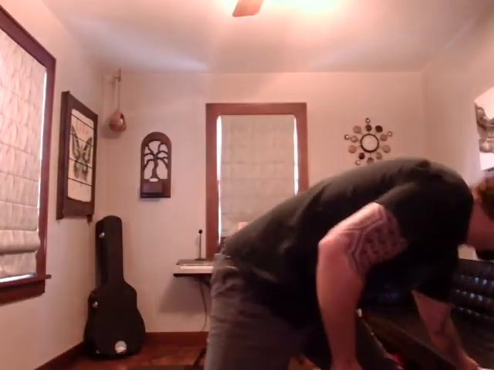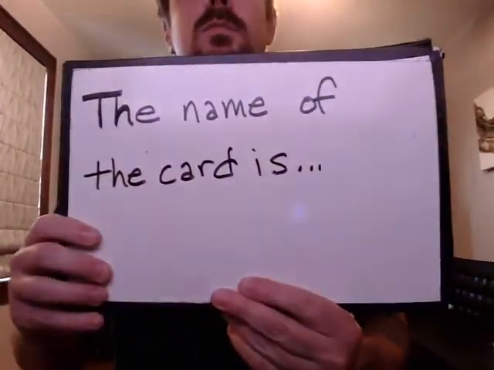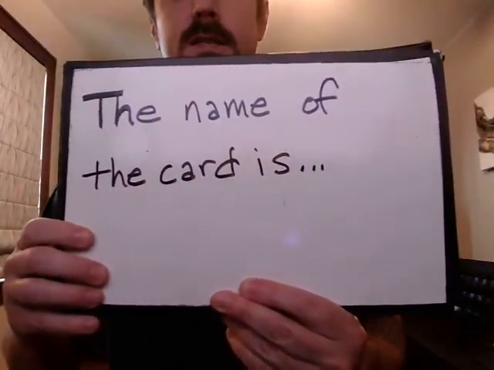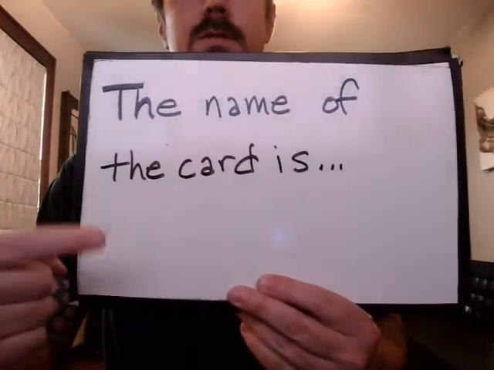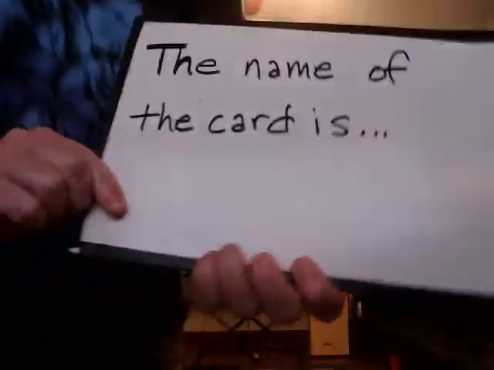The 10 of hearts. Let's see if we can make the 10 of hearts appear on the board without writing anything else. So let's go back to our board. And the board says the name of the card is, and now I'm going to use my little magic finger here to see if we can make some magic happen.